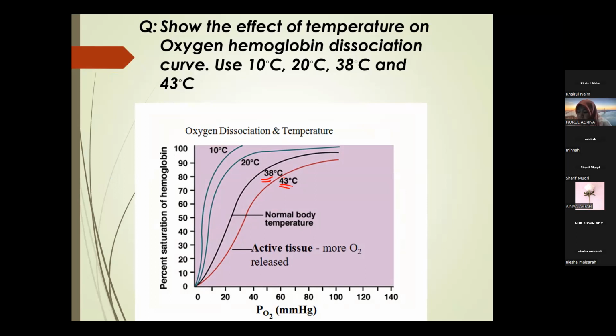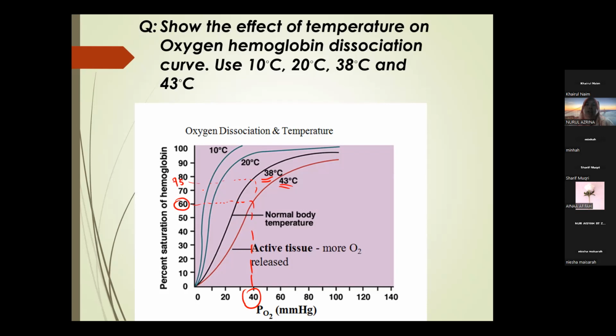Okay, so let's see at the same partial pressure, 40 mmHg. Okay, for normal blood pH, normal body temperature, oxygen saturation is around 75%. And here in high body temperature, you can see that oxygen saturation is around 60%.